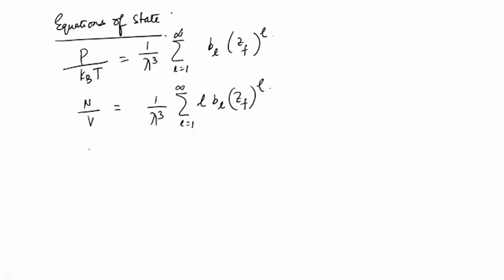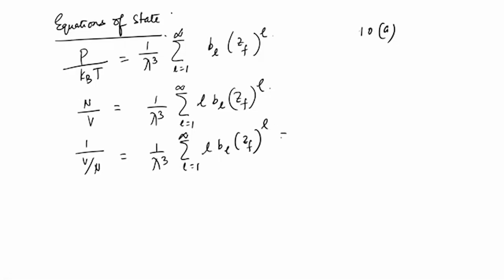And this can be written as 1 by v, where v is N by V. Let us say this is 10a, and we modify 10b a little bit by dividing by N, and l b_l zf^l is nothing but equal to 1 over v, where small v is equal to V by N, called the specific volume, and let us call this equation 10b.